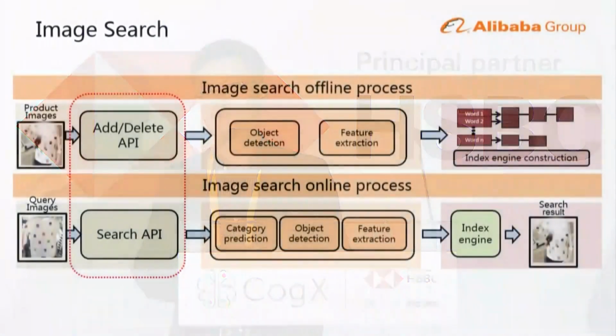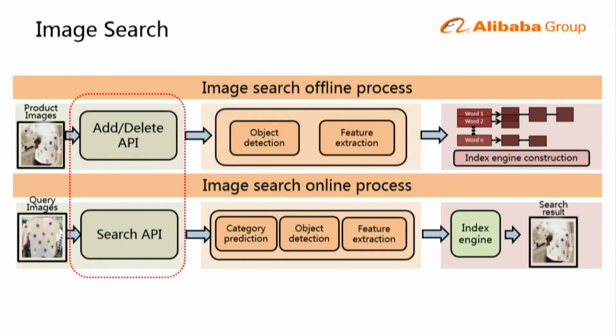Based on the challenges, I will first talk about our pipeline of image search and recognition, and then move to the technology innovations. In general, there are two processes of an image search system. One is called the offline process, and the other is called the online process. For the offline process, we process every single image in the data set.